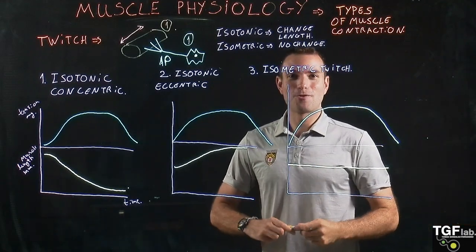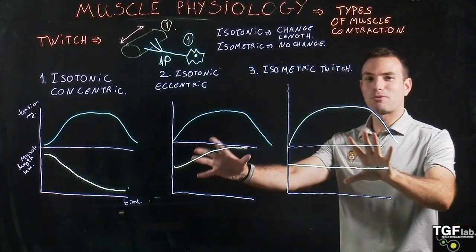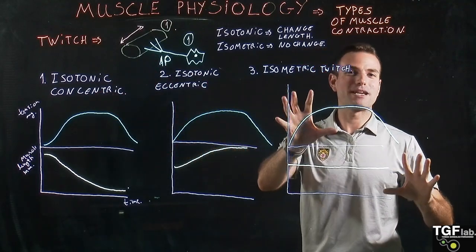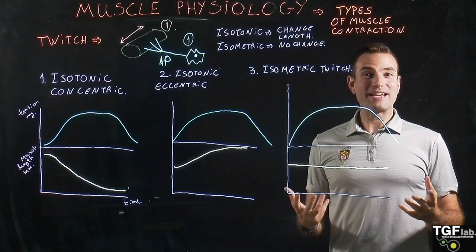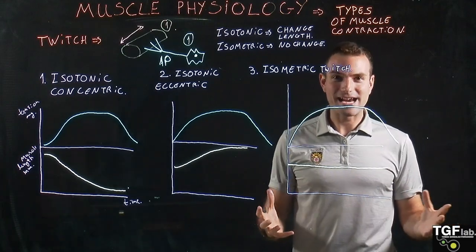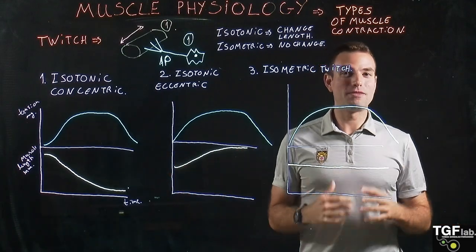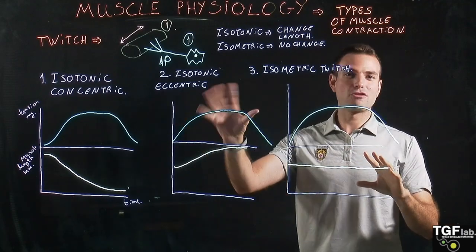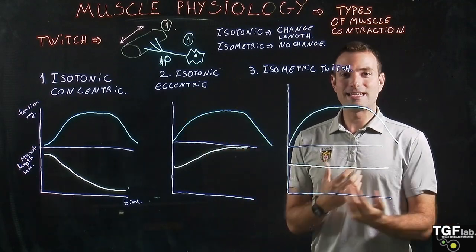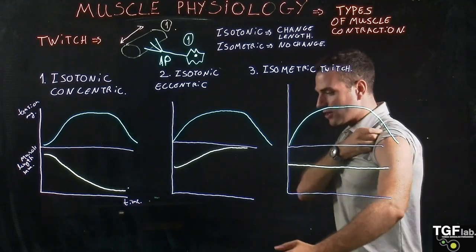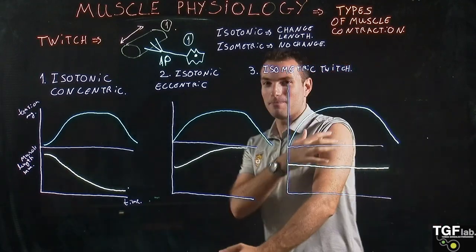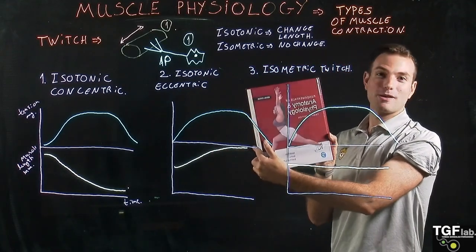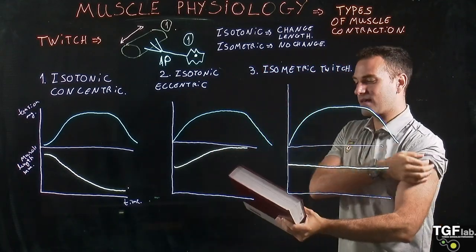Okay, so some practical explanation of these different isotonic and isometric twitches. These are very easy. We use them in everyday exercises, all of them. The easiest example of these three different twitches is the bicep curl, okay? So in order to demonstrate, I brought my biceps, and then I also brought this amazing physiology book that we can also use as a weight.